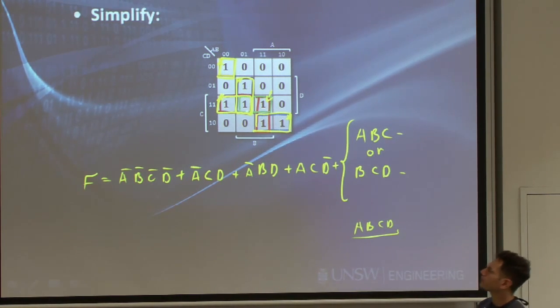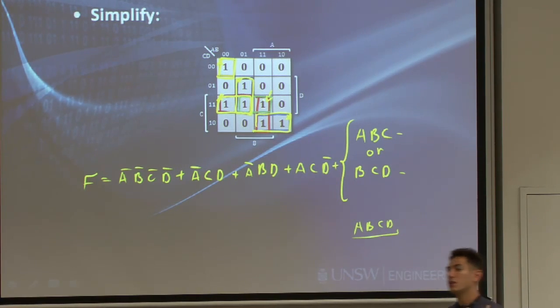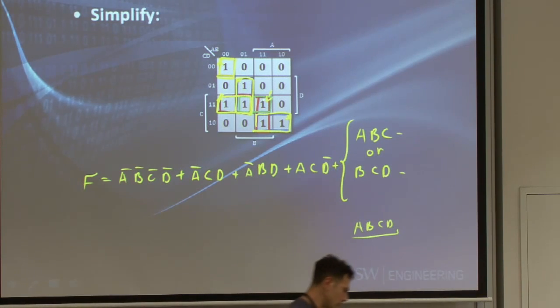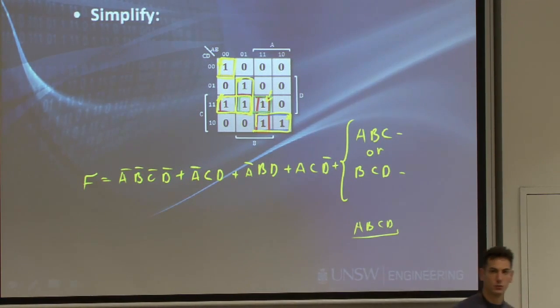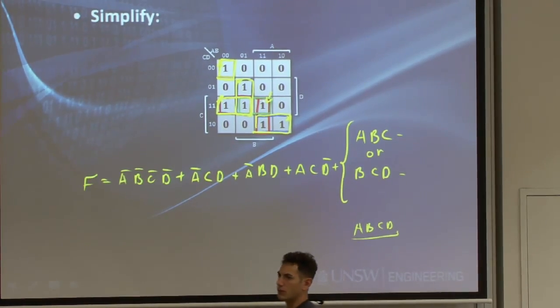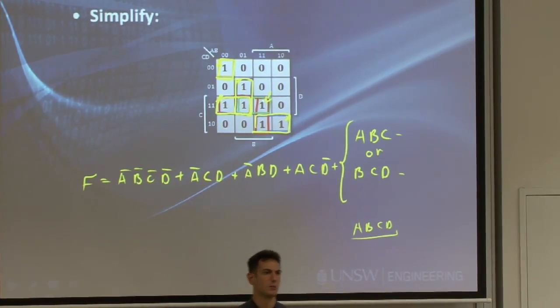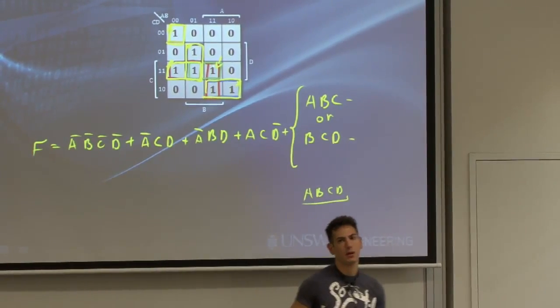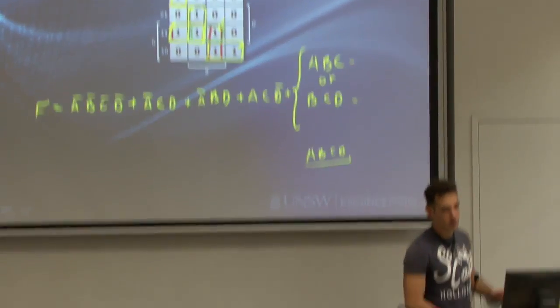If, for example, I was able to account for this one here with a larger group versus a group of 2, so if I had an option to either include this one as part of a group of 4 or as part of a group of 2, obviously taking the larger group will give me a simpler expression because it has less variables in it. In this case here, both options are groups of 2, which gives me 3 variables each. So I can pick either one. It'll give me the same complexity of an expression.